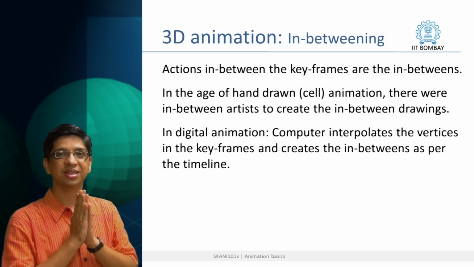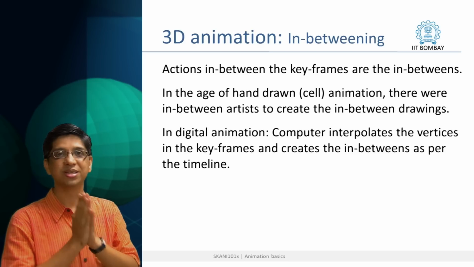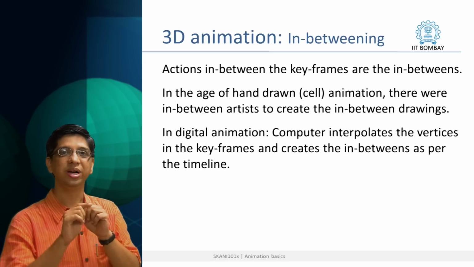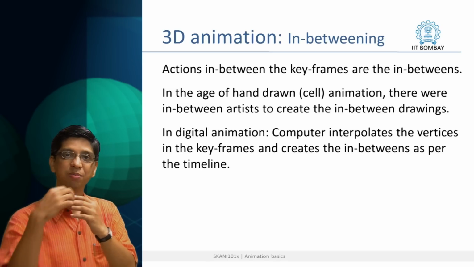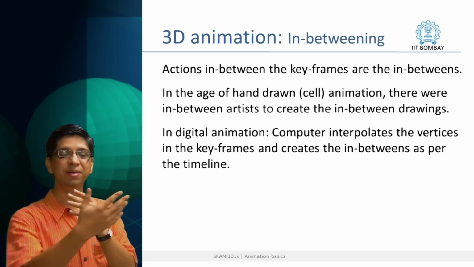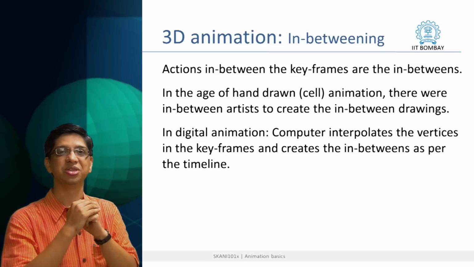Thanks to computers, now we do not have to draw the in-between frames. Then how does the computer draw it? Well, the computer has the x, y, z coordinates of every element of the model, and it interpolates all the actions in between based on the number of frames you have specified in the animation.